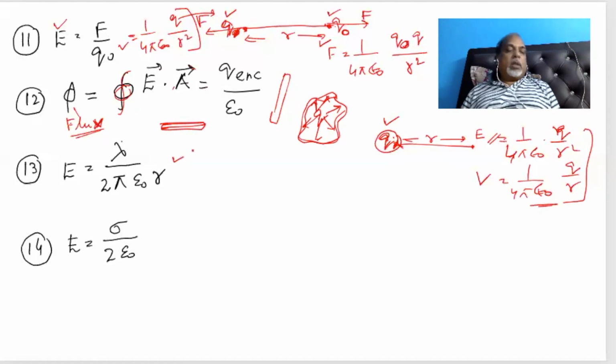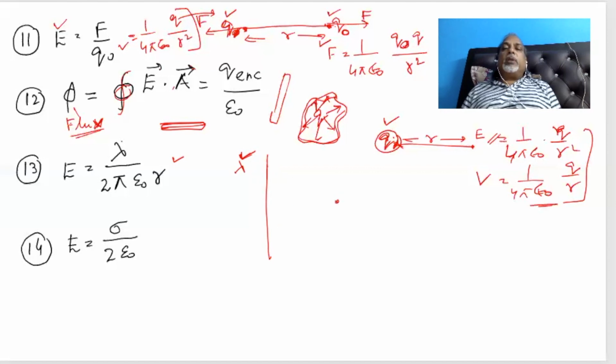What is this? This is the electric field of a long straight wire. Suppose you have a very long charged wire, and here lambda is the linear charge density.